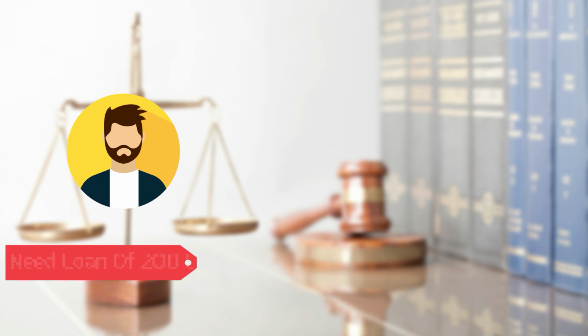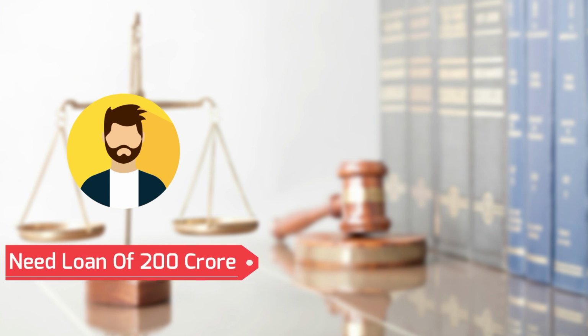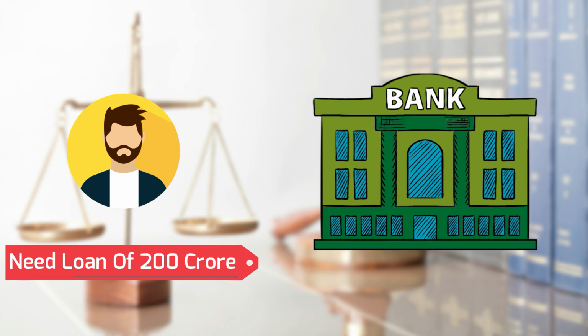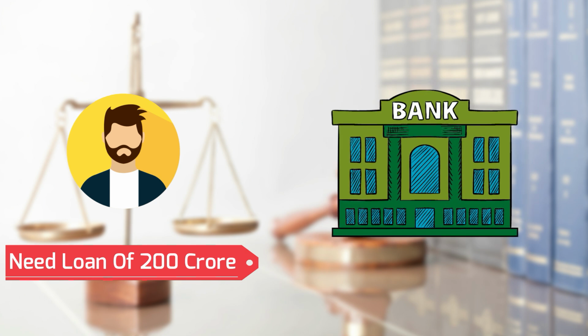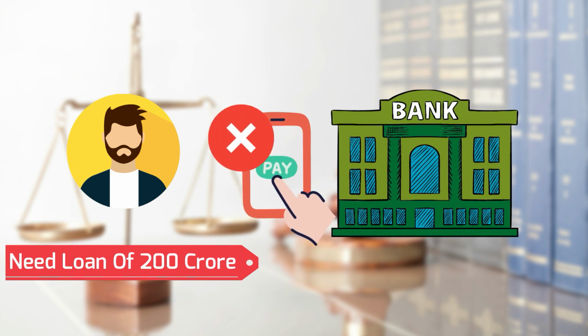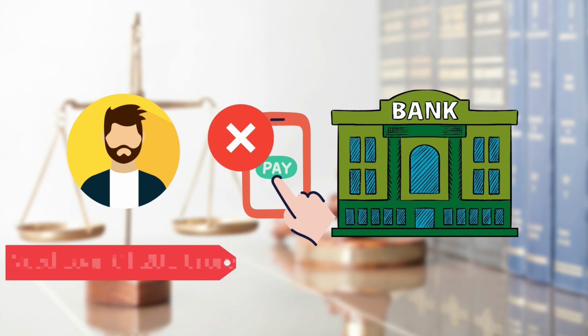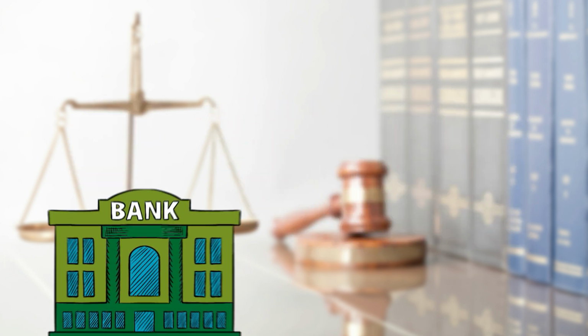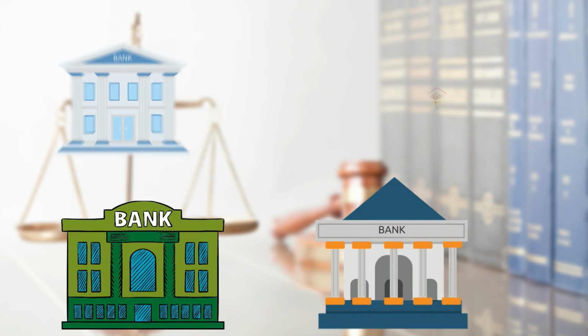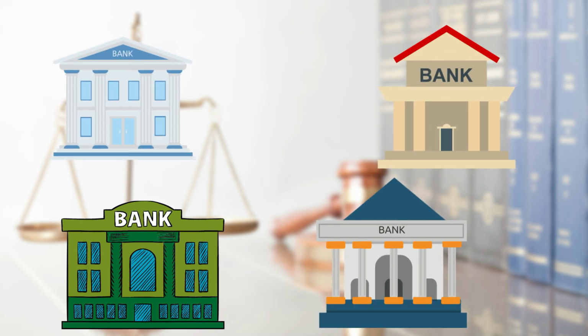Now, for example, I need a loan of rupees 200 crores. I approached one bank and the bank said, I cannot give you this much loan. But together with another bank, we are ready to sanction your loan.